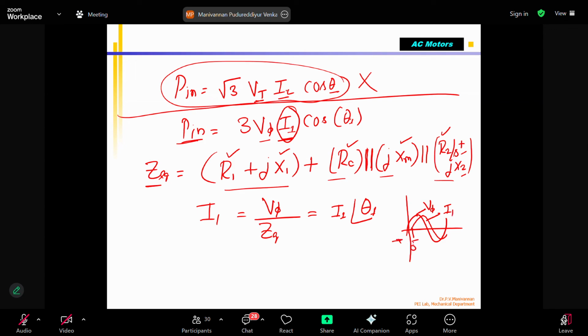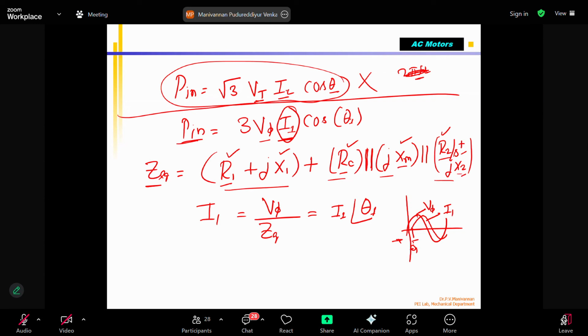Theta 1 is the phase angle of Z. Z has R1, R_c, R2 that will be constant, but X1, X2, X_m will depend upon frequency. For a given inductance value, X is 2 pi f L. Depending upon the L value, it changes. So that's why my phase angle changes with respect to inductance value and also the frequency.